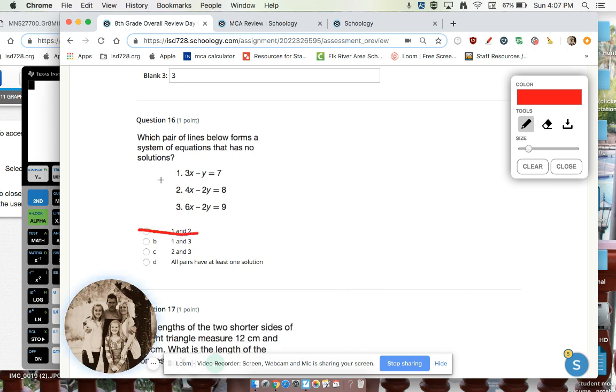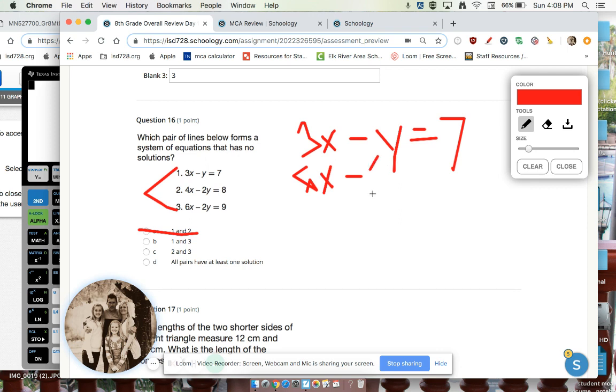So now I'm going to compare 1 and 3. So equation 1 is 3x minus y is 7. And equation 3 is 6x minus 2y is 9.